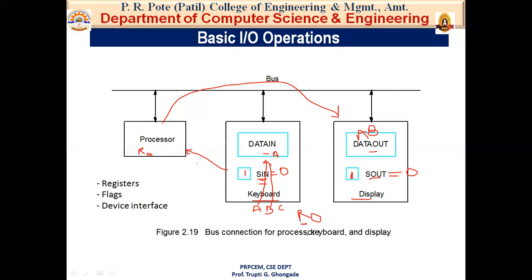Now another example is that we have to transfer a character from this buffer register data in to the general purpose register R0.